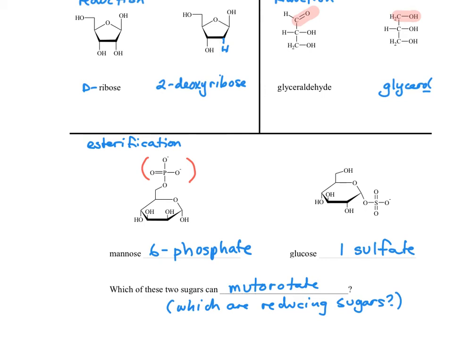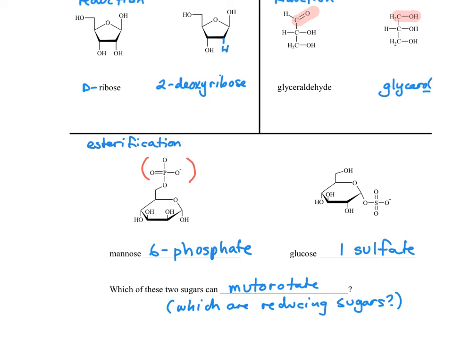So with regard to mutarotation, remember the rule is that if you have a sugar in a particular anomeric form, and here we see the alcohol of the anomeric carbon is down, compare that to the high-numbered exocyclic here up, this is an alpha sugar. The rule is that if it's uncapped, if nothing's attached to that alcohol, it can relinearize and then recyclize in the opposite form.